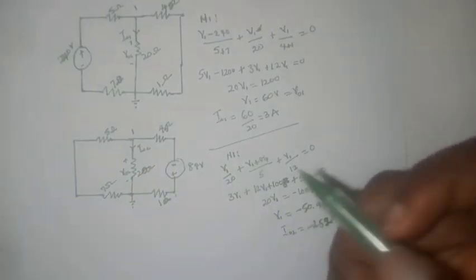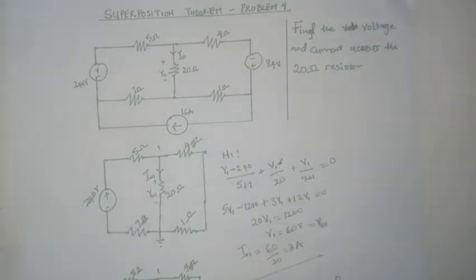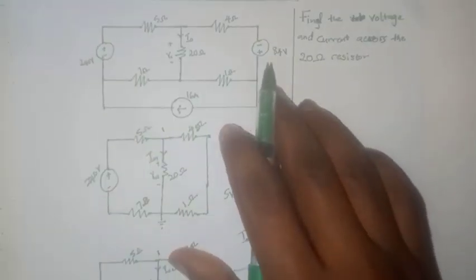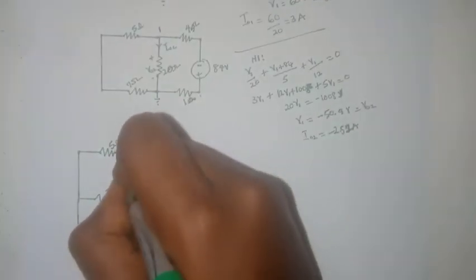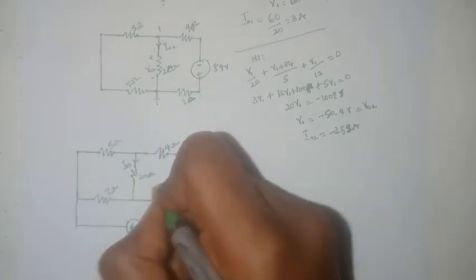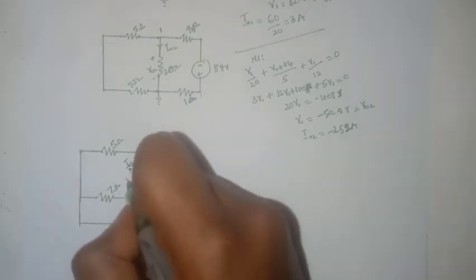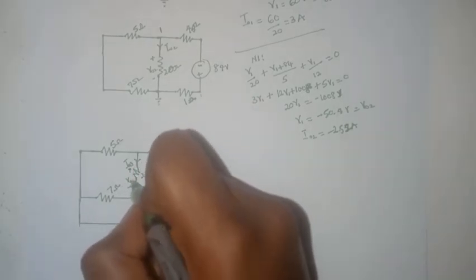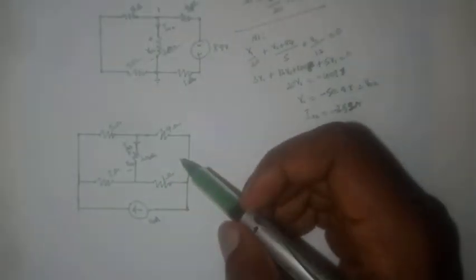The next thing we want to do is consider the third source, and due to the third source, the circuit will look something like this. Let's call the current due to this power source I03, and the voltage drop due to it V03. Then we can simply use mesh analysis to determine the current and voltage.